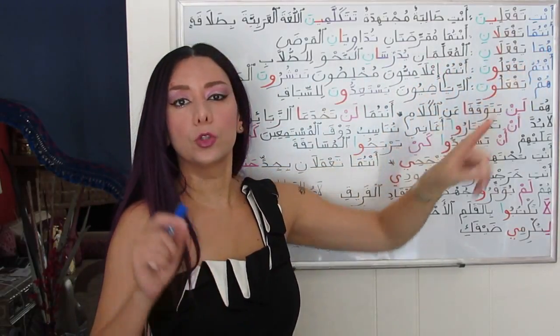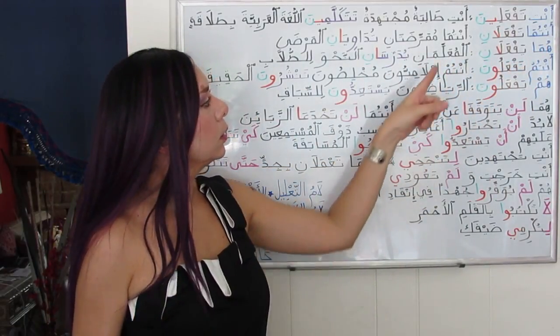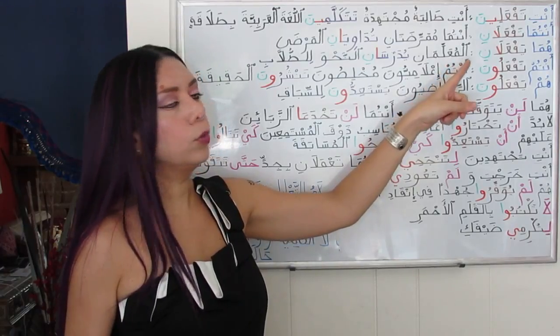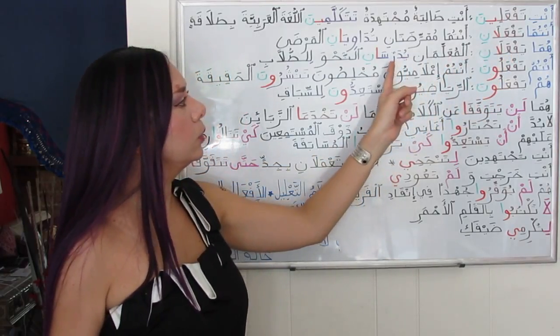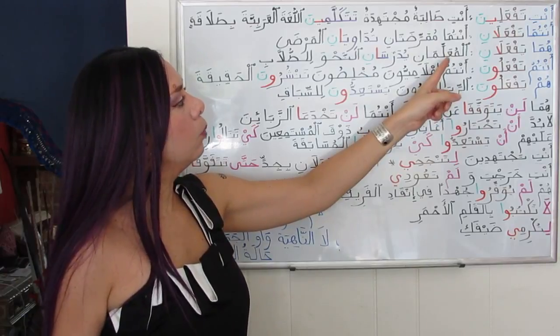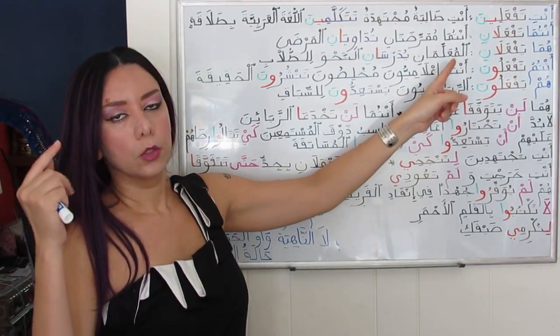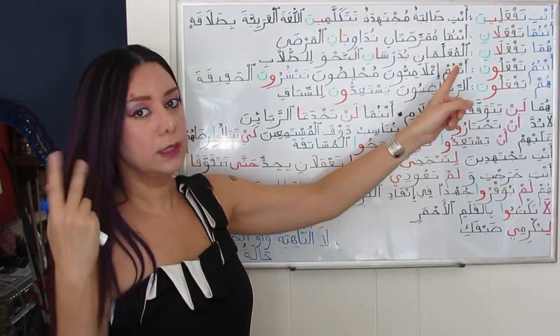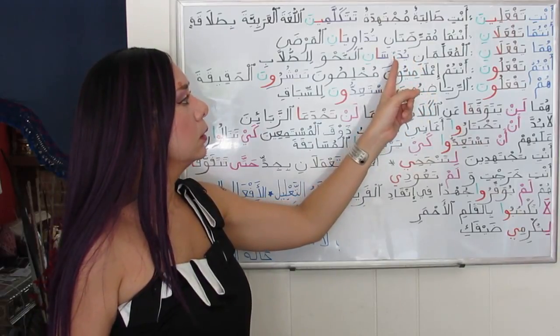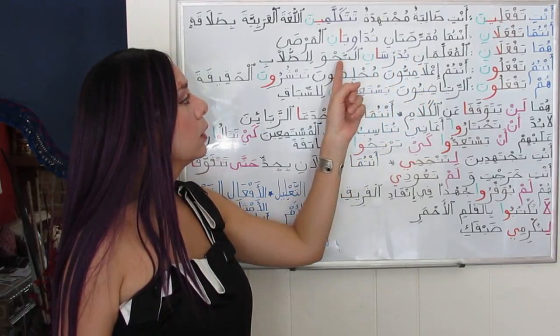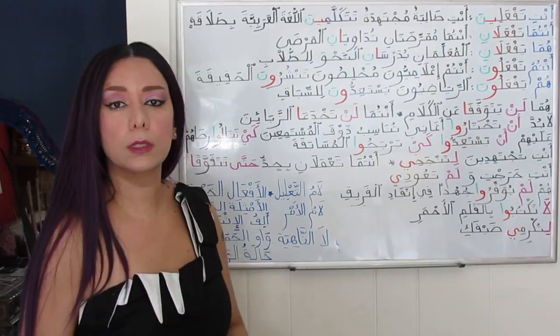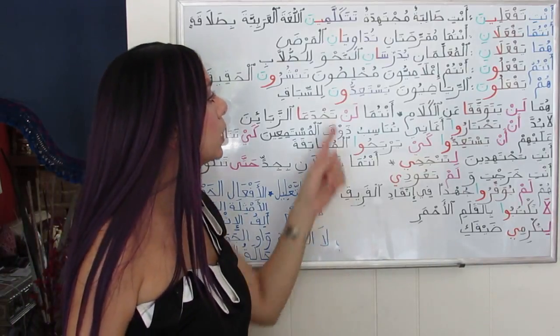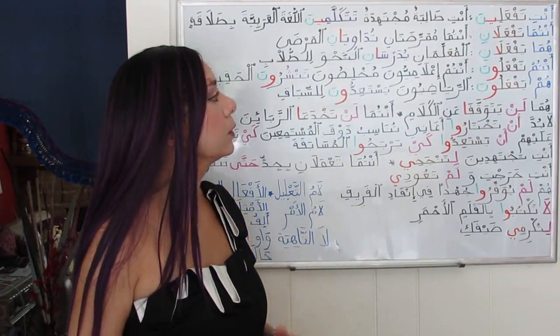هما, the third person dual. Here, masculine. هما يفعلان, هما يدرسان. المعلمان, the two teachers, teach grammar to the students. النحو, grammar. Alright?